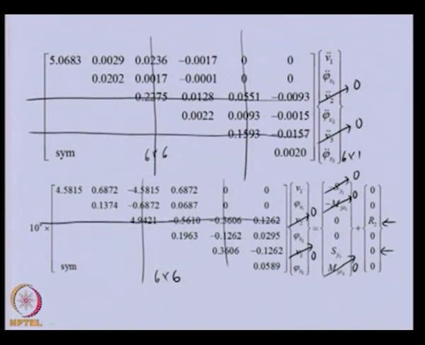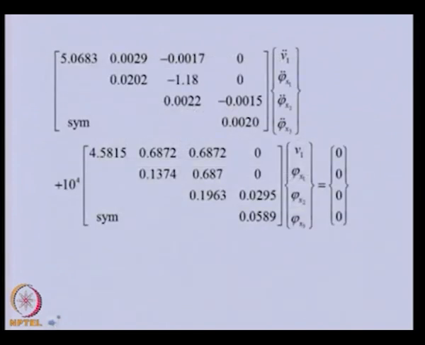So this is the reduced form. The vector will be 4 into 1 because we have eliminated 2 variables. Here 4 into 4 size will be there. This is also 4 by 4. Now this is ready for eigenvalue problem solution.